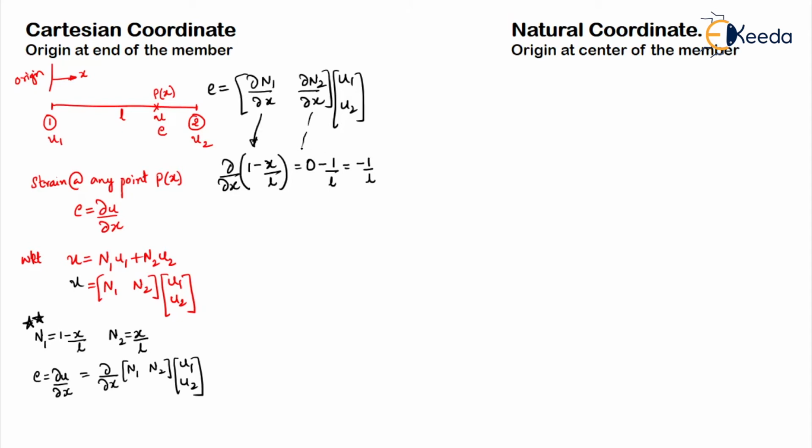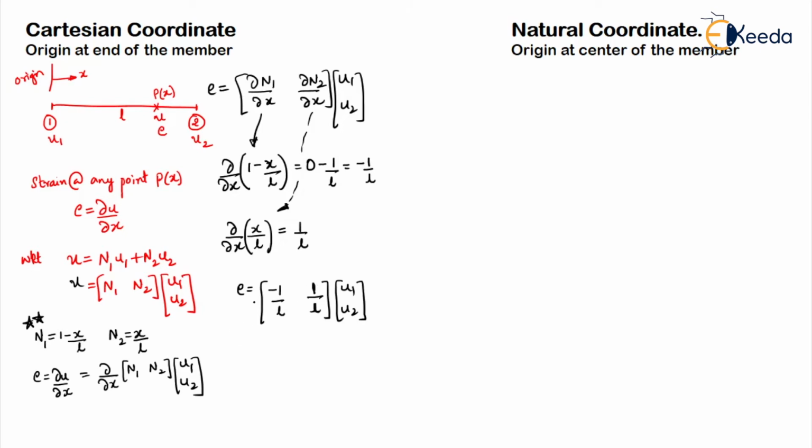To get the second term, dou by dou x of N2, which is x by L. L is constant and the differentiation of x is 1, so this term is 1 by L. So the E matrix will be minus 1 by L, 1 by L into U1 U2.